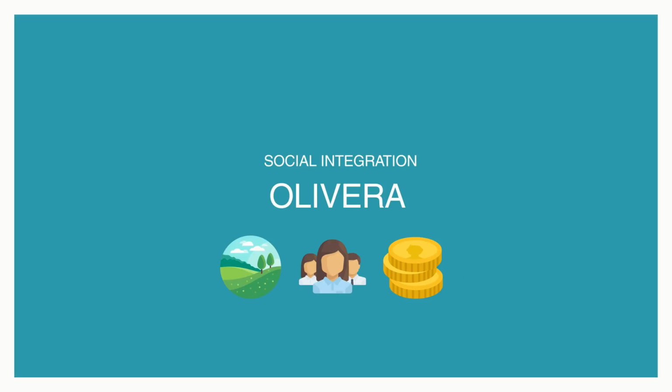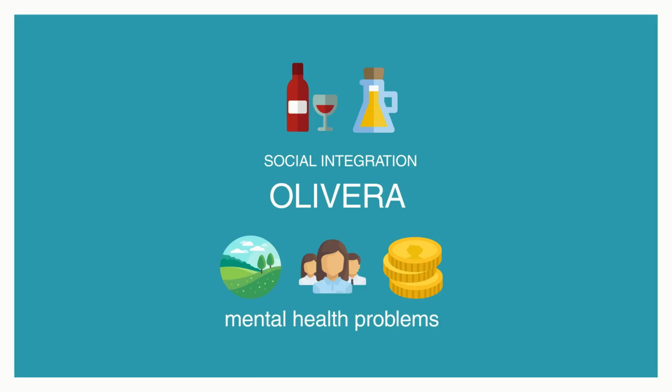They produce high-quality wines and olive oils to create opportunities for people, especially people with mental health problems. The productive branch lives with the care of those people who, due to circumstances, can no longer work.